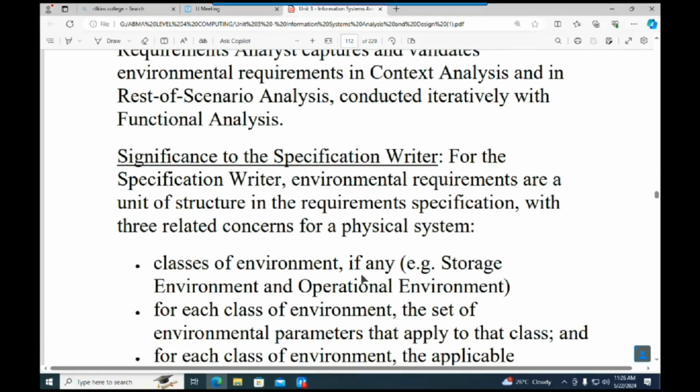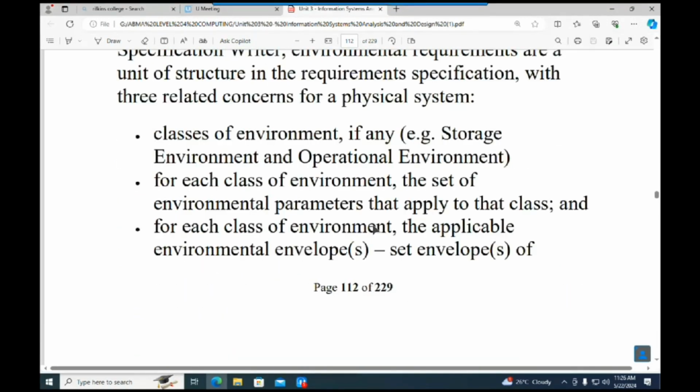To the specification writer, environmental requirements are actually a unit of structure in the requirement specification. They have three related concerns for a physical system. The first one is the classes of environment, for example storage environment and operational environment. The second concern is that for any specific class, we have the set of environmental parameters that are going to apply to that class.